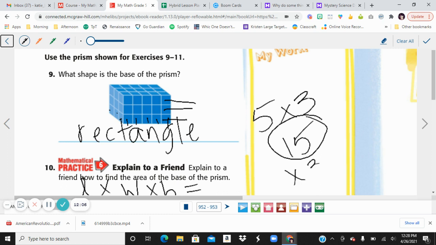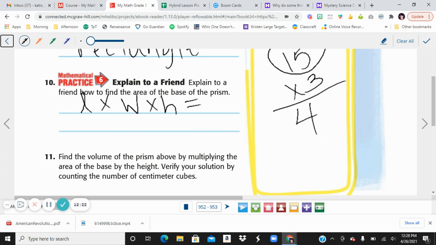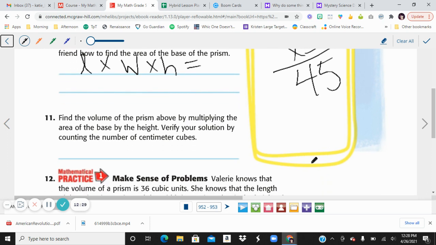So 15 times 3 is 45. That's one of those facts that Mrs. Bodell wants you to memorize if you can. So the area of the bottom is 15, and we multiply it times its height. 45 centimeters cubed is the volume.